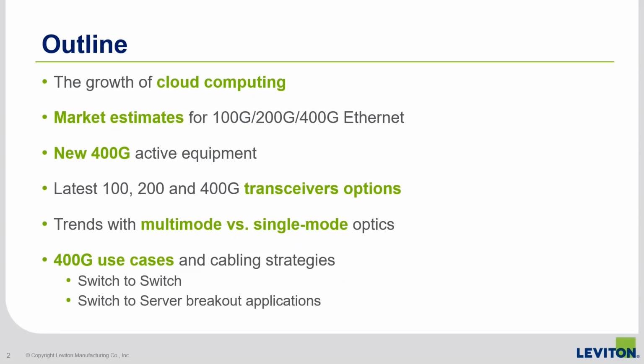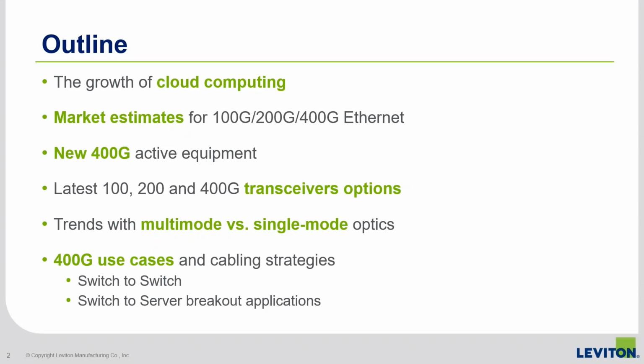So as Jeff mentioned, I'm going to talk about 400 gig. Hard to believe 400 gig Ethernet is actually here, but that is true. Here's the outline. I'm going to talk a little bit about cloud computing overall and the forecast with that, look through the latest updates on Ethernet speeds, and go through a brief overview of the 400 gig active equipment, the switches that very recently got introduced this year.